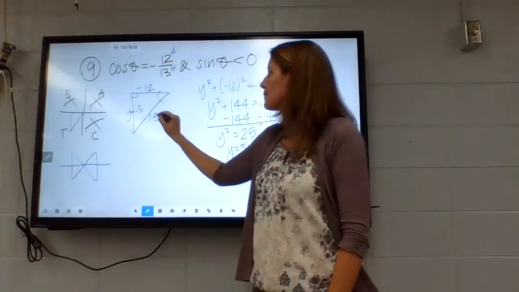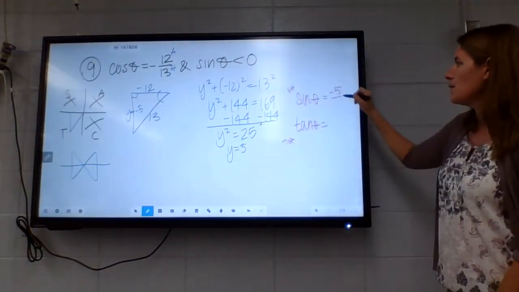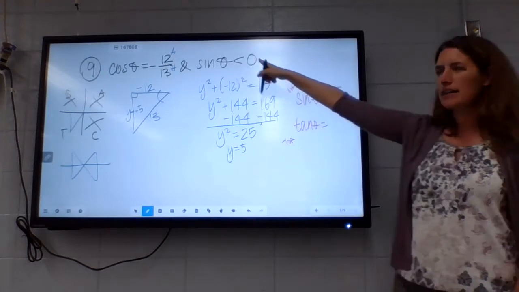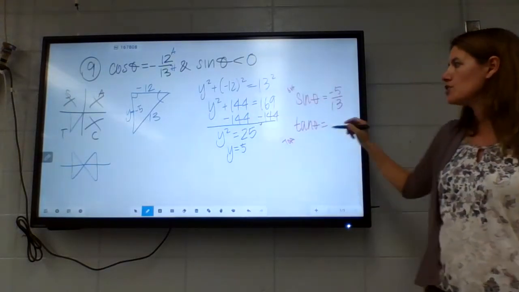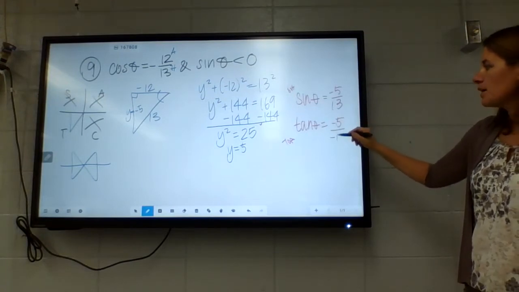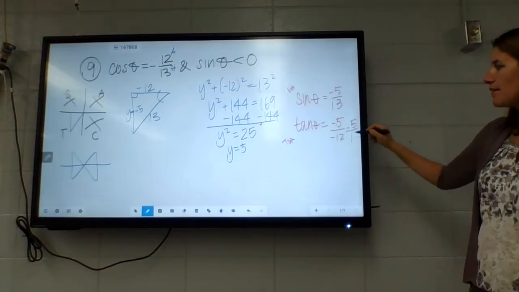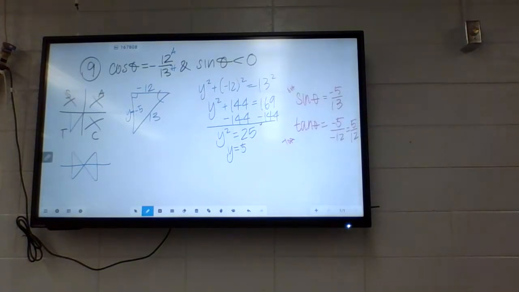Sine is opposite over hypotenuse, and it makes sense it should be negative because that's what they told us. And then tangent is opposite over adjacent, but that'll become positive 5 over 12 because they're both negative. So getting yourself in the right quadrant and then finding the other side you didn't currently know. That was number 9.